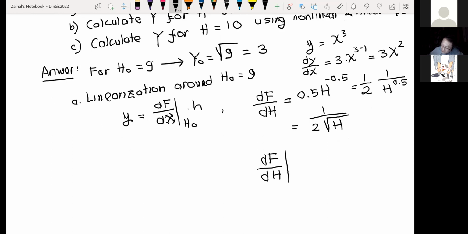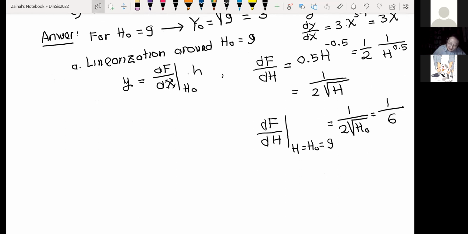Okay, evaluate it at h equal to h0, which is the same with, sorry, not 3, but 9. So this one becomes 1 over 2 square root of h0. Okay, so this one is 1 over 2 multiplied by square root of 9, which is 3. So this one is 6.